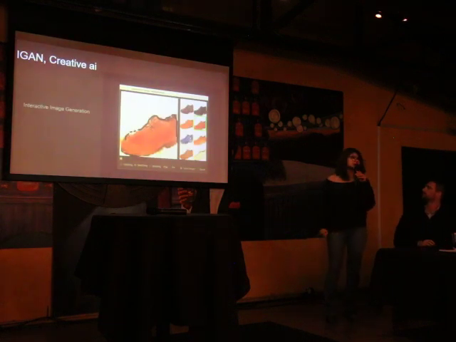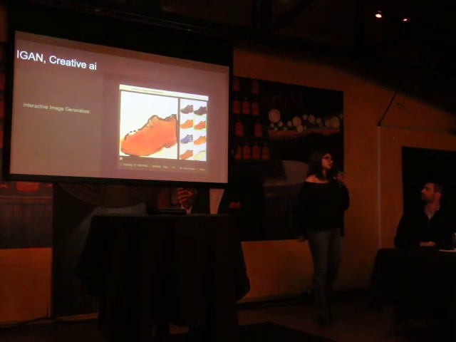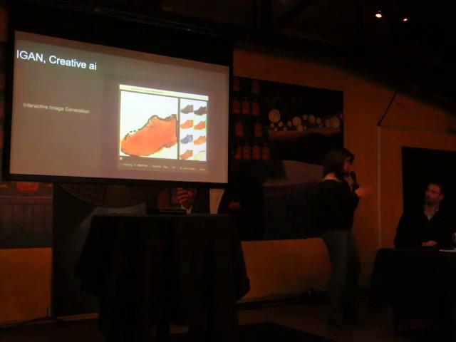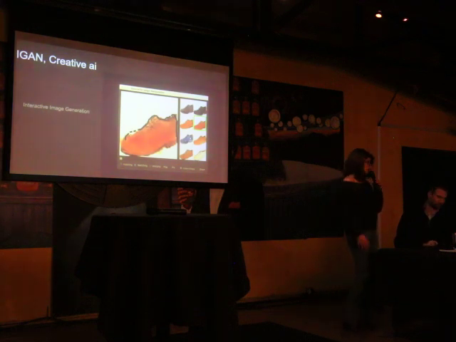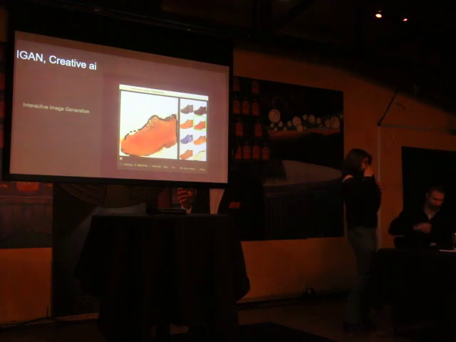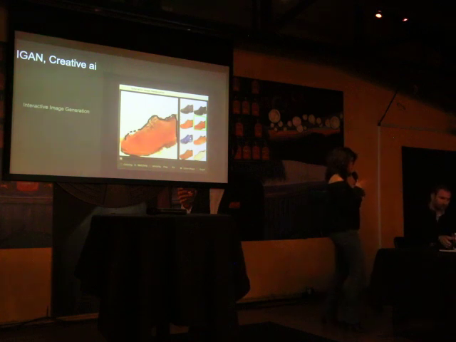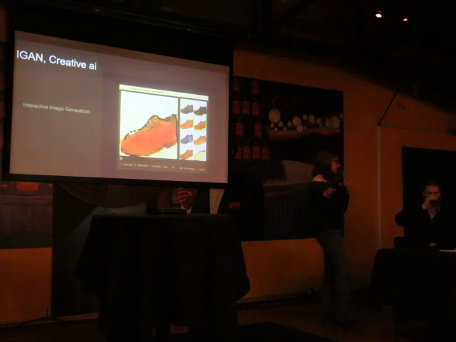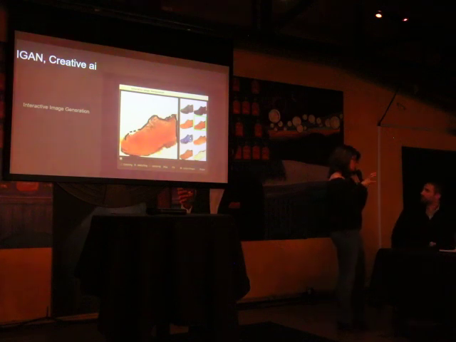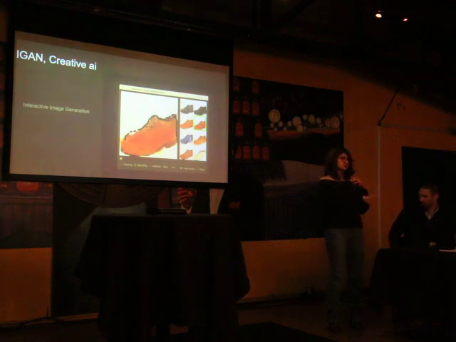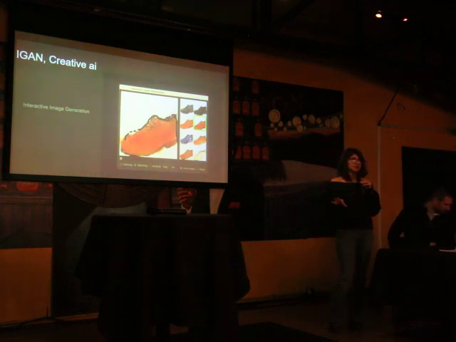Here is another example. This one is IGAN, which stands for Interactive Generative Adversarial Network, and this one was for image generation. This is a project which has been developed under the Creative AI group, which works with Berkeley University and Adobe.